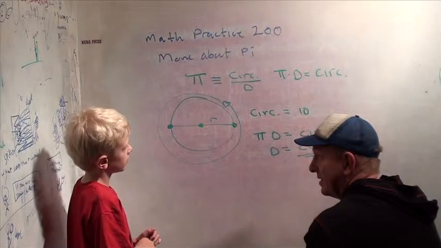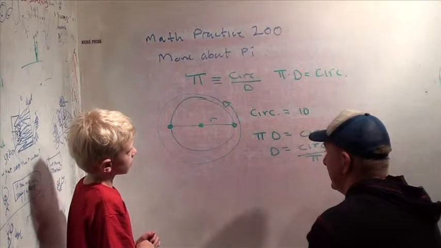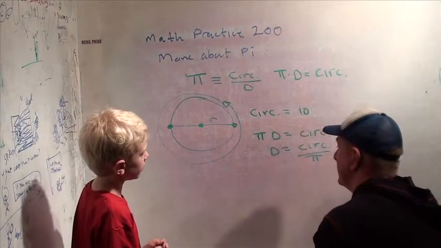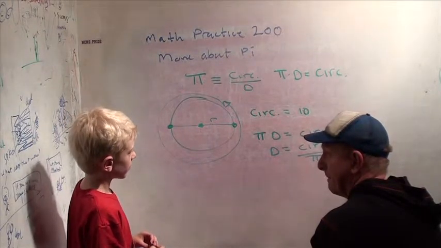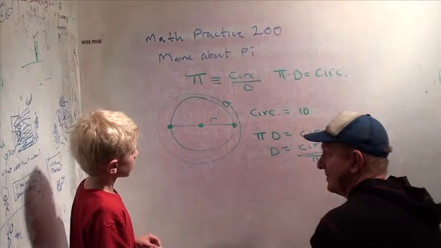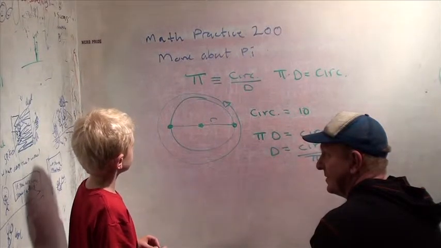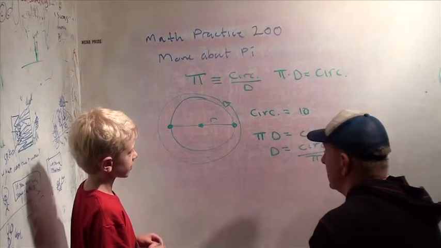Well, 10 divided by... You know what that is? Well, pi is close to 3.